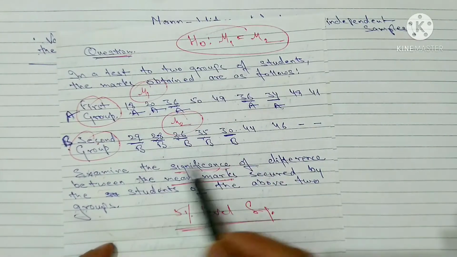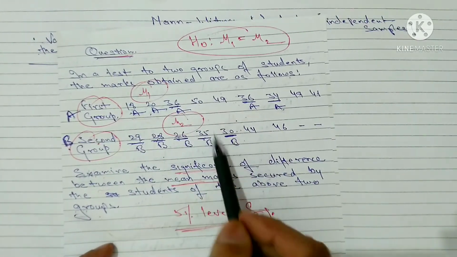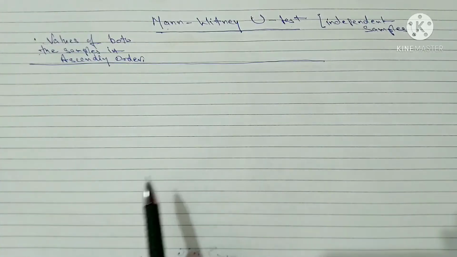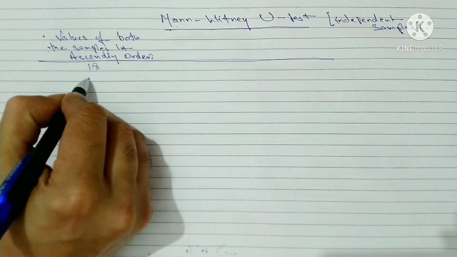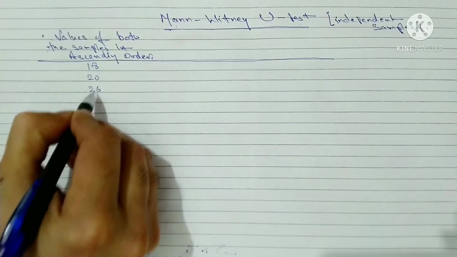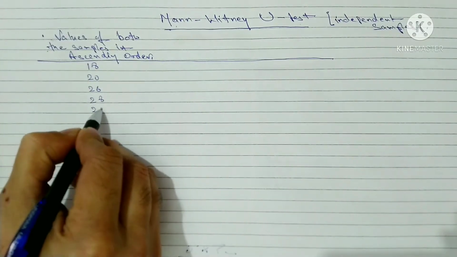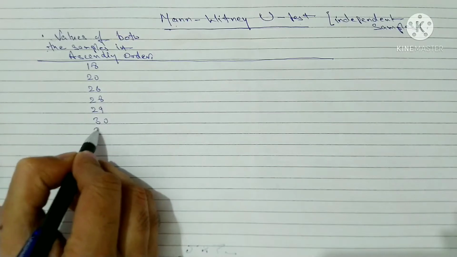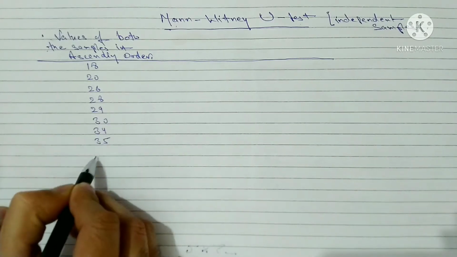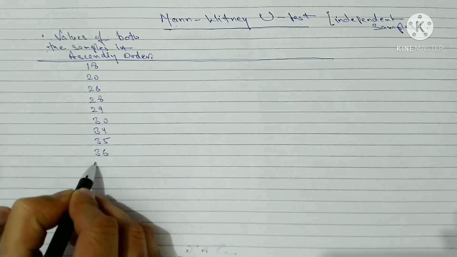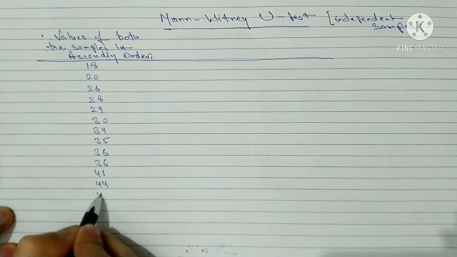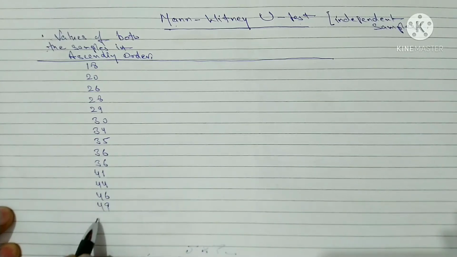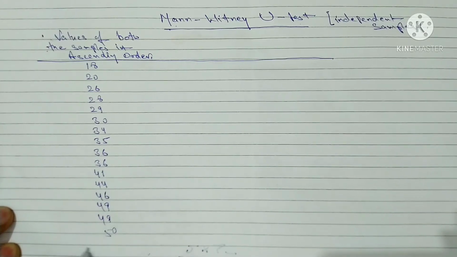We will write all the values in ascending order in one column: 18, 20, 26, 28, 29, 30, 34, 35, 36, 36, 41, 44, 46, 49, 49 and 50.